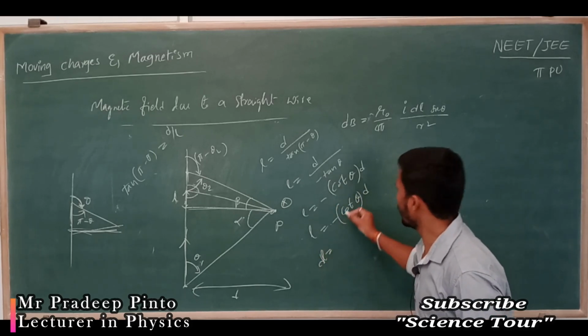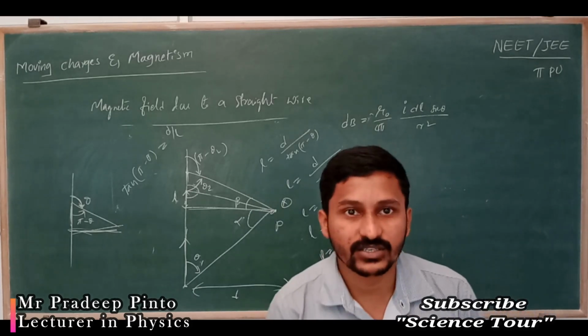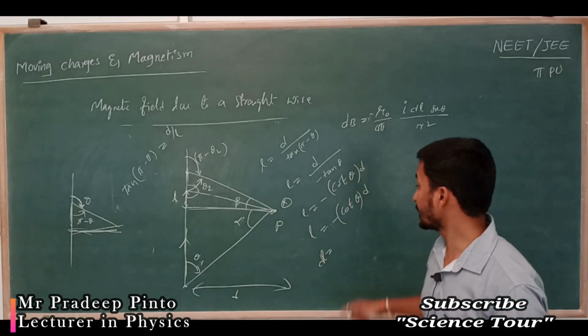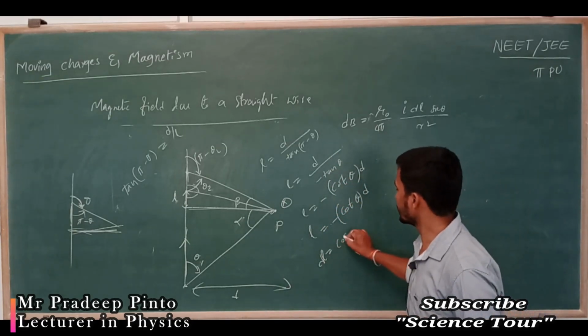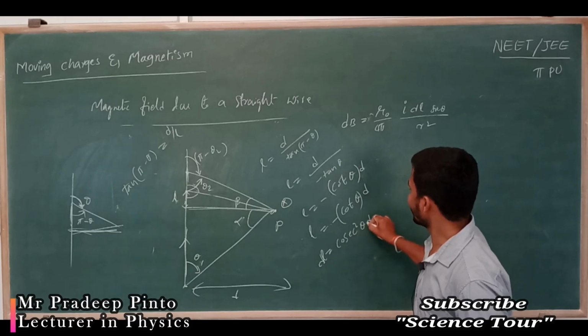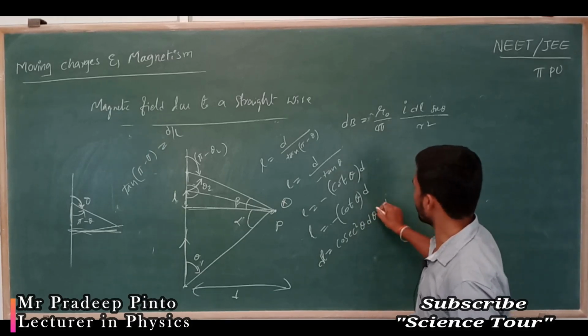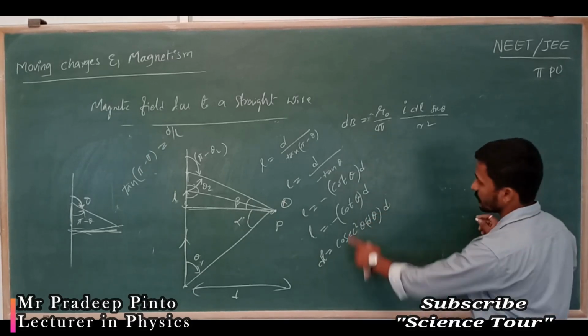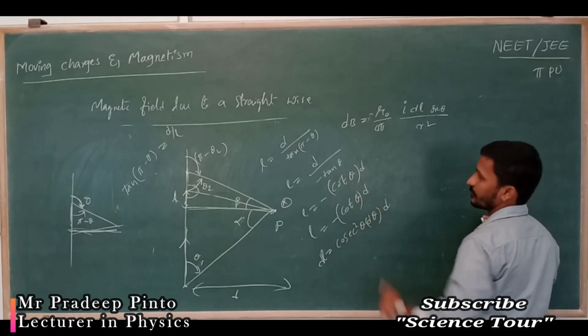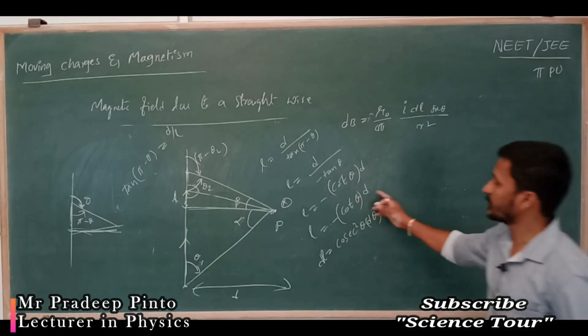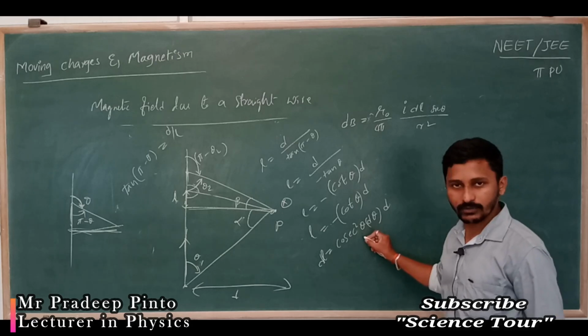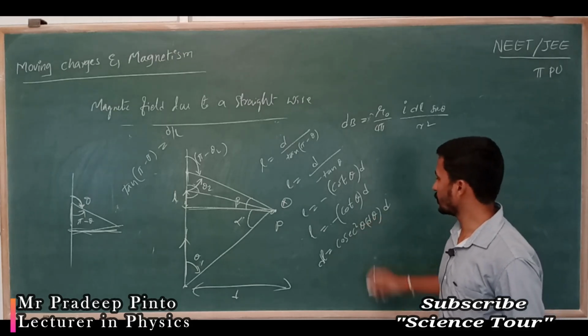The differentiation of cot theta is minus cosec square theta, so minus of minus is plus, cosec square theta d theta into D. The variable is theta and D is the constant multiplied with it, so while differentiating, theta also you have to differentiate.